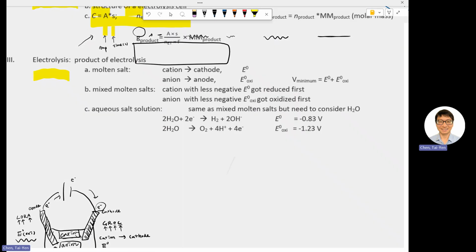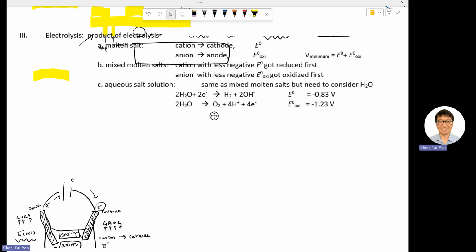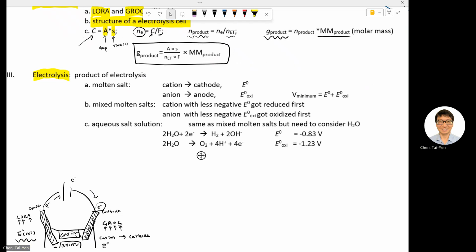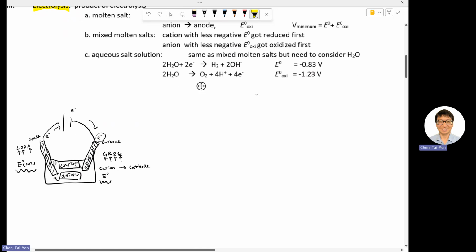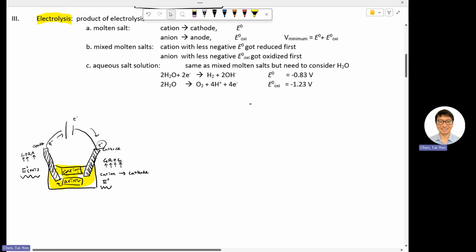Inside your solution, meaning right here, you can either have a molten salt or mixed molten salt, or you have an aqueous solution. Under each condition, the consideration will be slightly different.